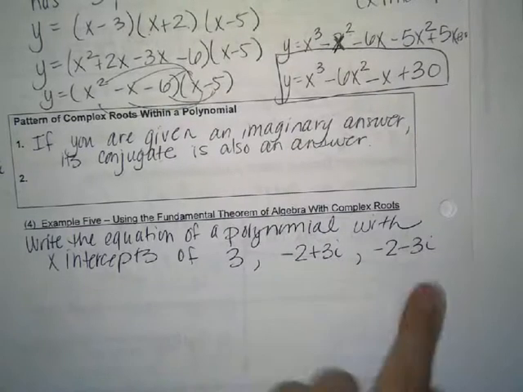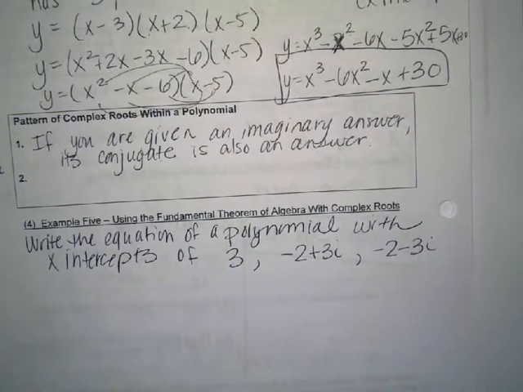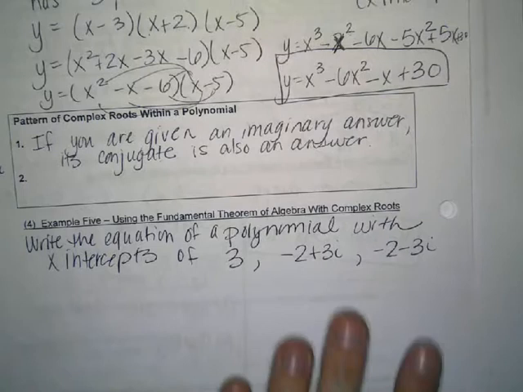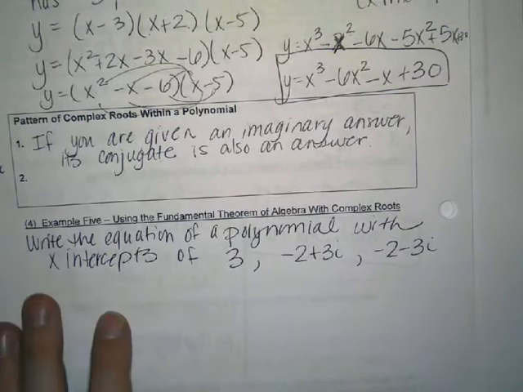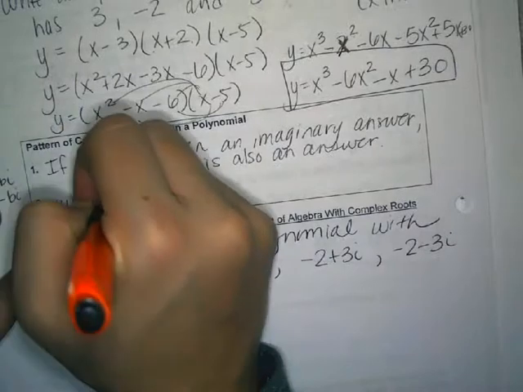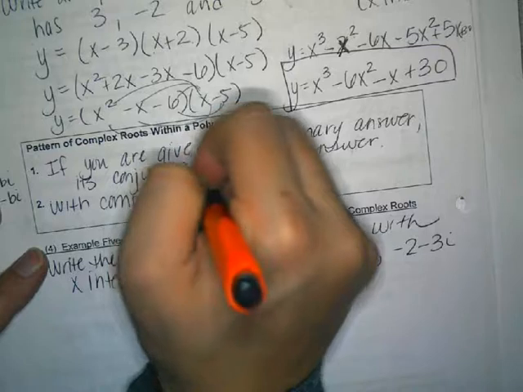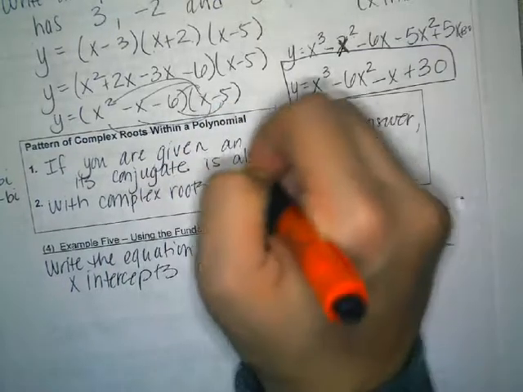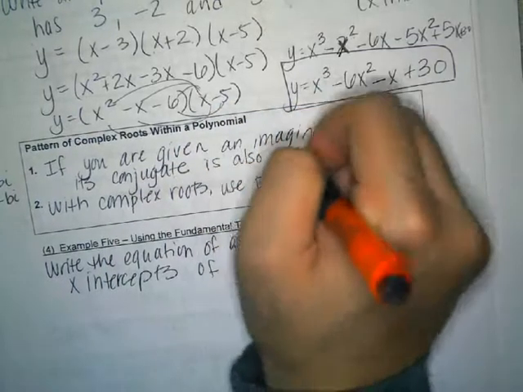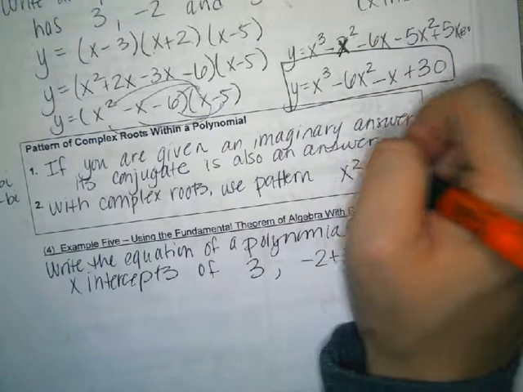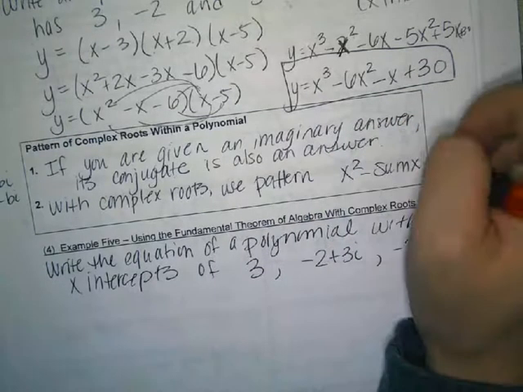So to take care of complex numbers, there's a pattern that emerges that we can use to simplify this problem. So with complex roots, use the pattern x squared minus some x plus product.